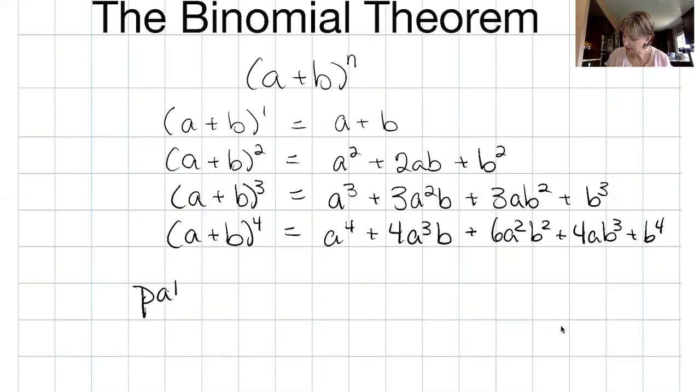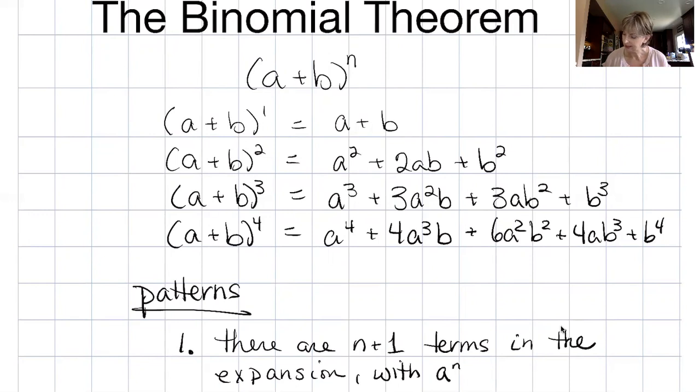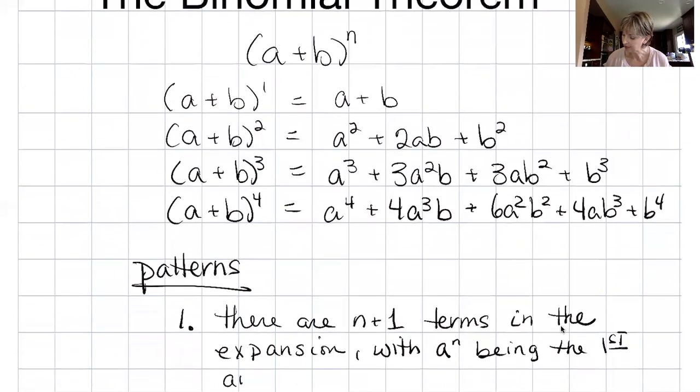Well, the first pattern, let's list these out here. The first one is that there are n plus 1 terms in the expansion, with a to the n being the first term, and b to the n being the last.